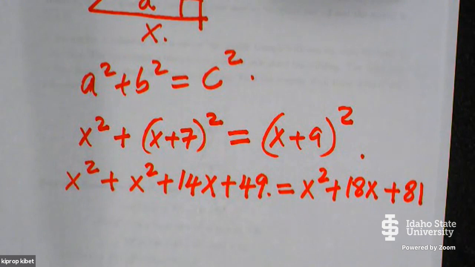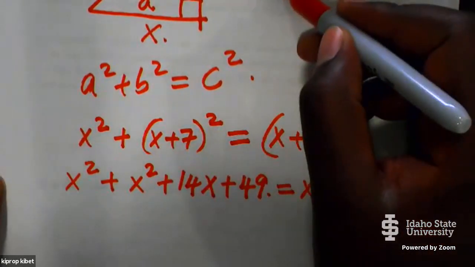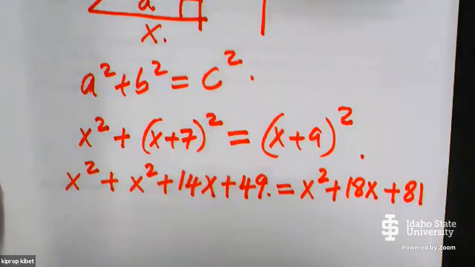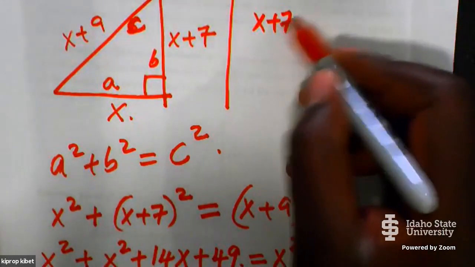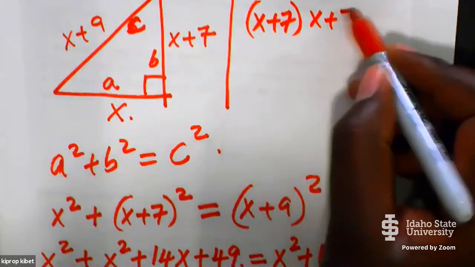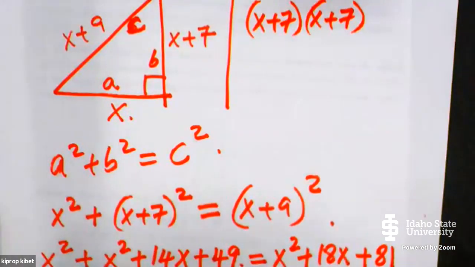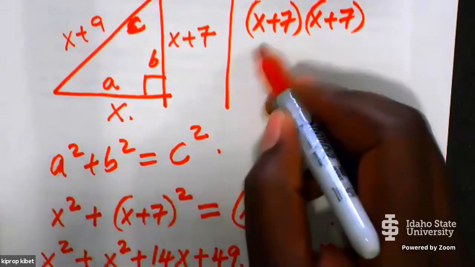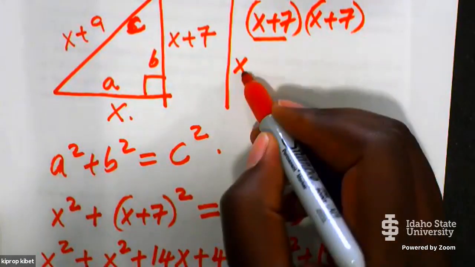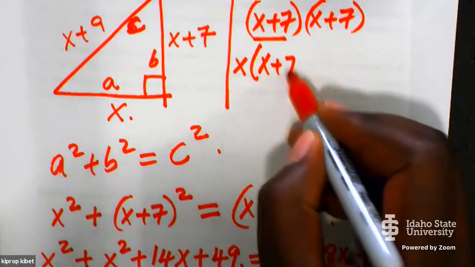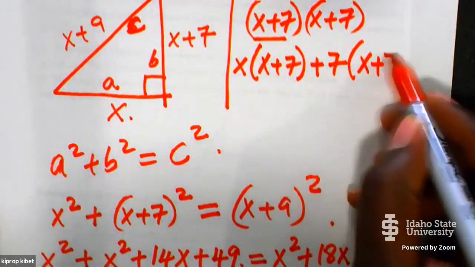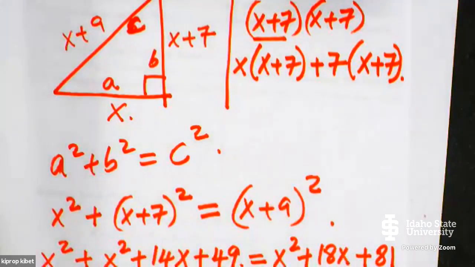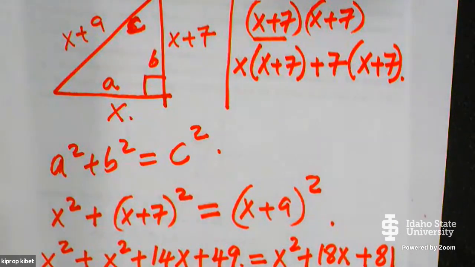You know how to open the squares? So how to do this is you can do like this. x plus 7, x plus 7. So that is the square. You take x plus 7 times x plus 7, then you open the brackets.